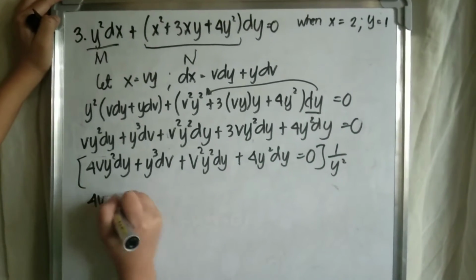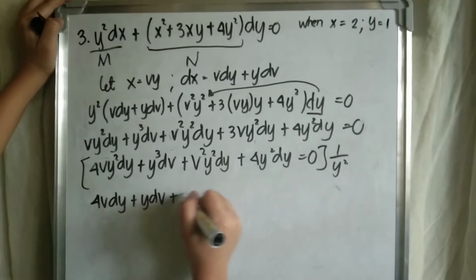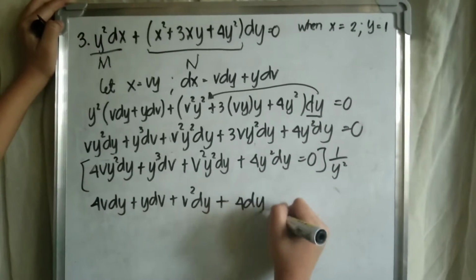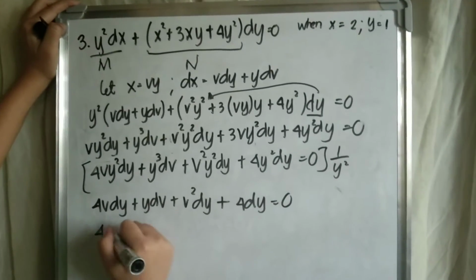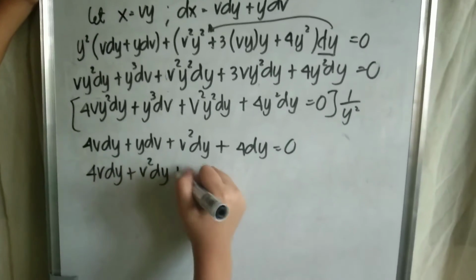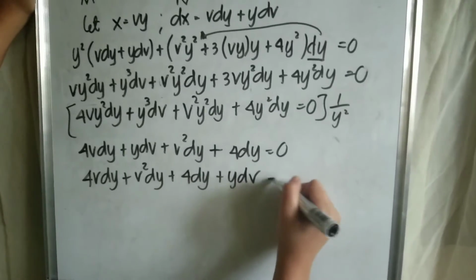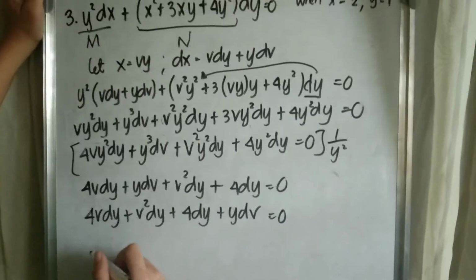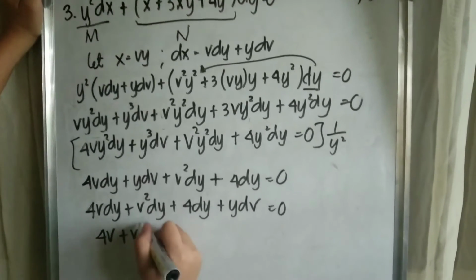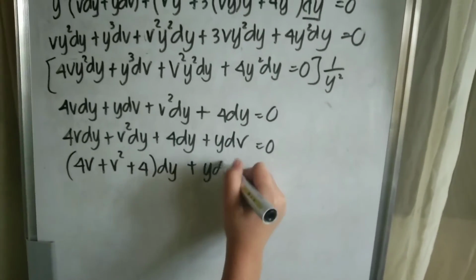So this will become 4v dy plus y dv plus v squared dy plus 4 dy equals 0. So let us factor out dy. So this becomes v squared plus 4v plus 4 dy plus y dv.